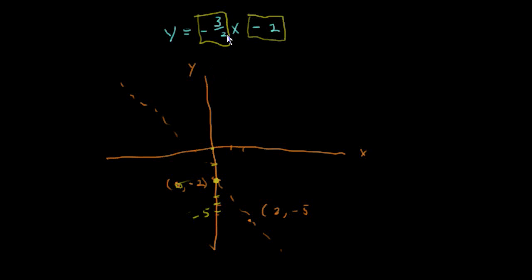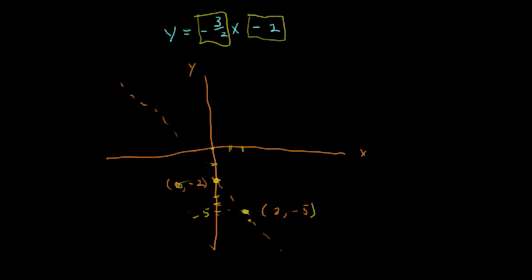I always think of the run as being positive. So I'm going to run across 2 units to the right. 1, 2, and I'll get my second point. And that point in this case is at 2, -5. Once I have 2 points, I can go ahead and join those together.